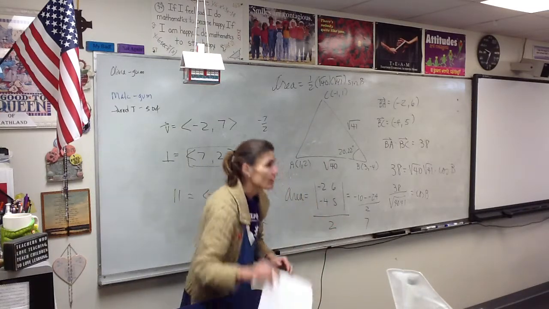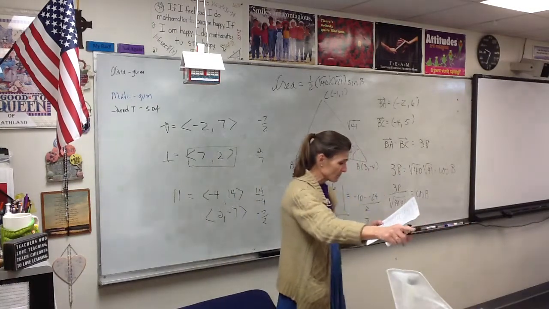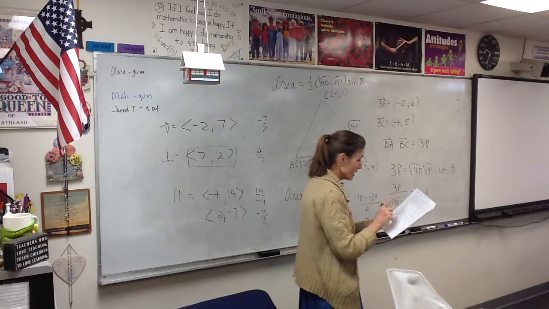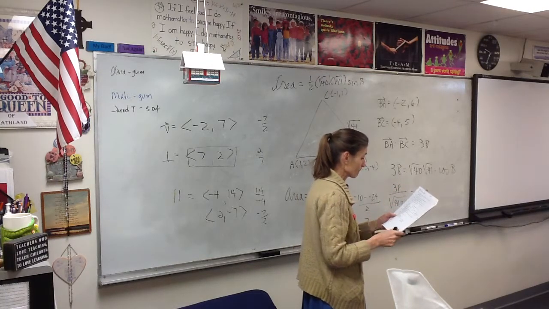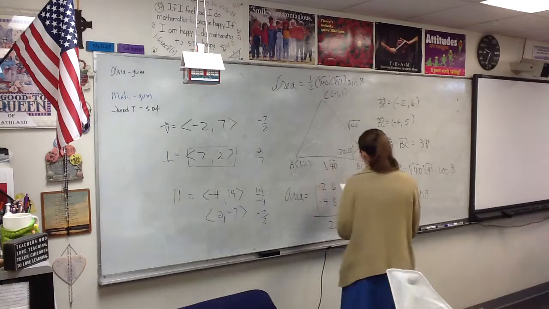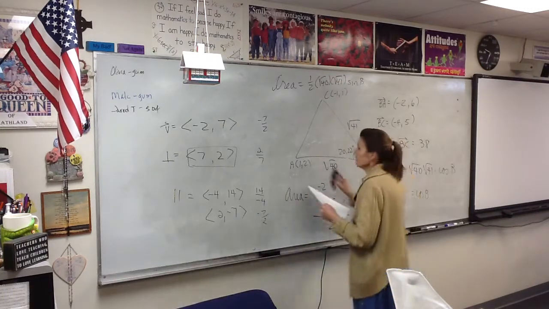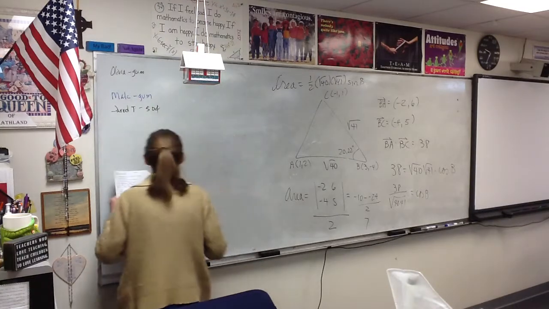It's 7. Okay, time maybe to do one more. Keep track of which ones we've done, because we'll come back to this sheet tomorrow. What else do you see on here that you think maybe you wouldn't be able to do? 8. Find the work done. Okay, work. The basic format we start with is very much like the dot product.